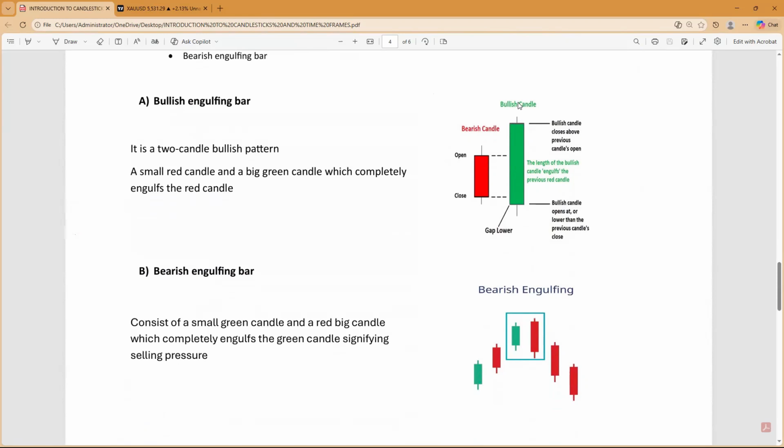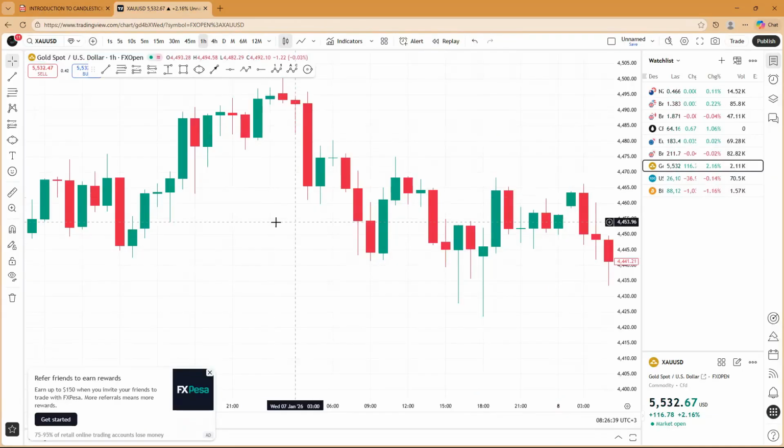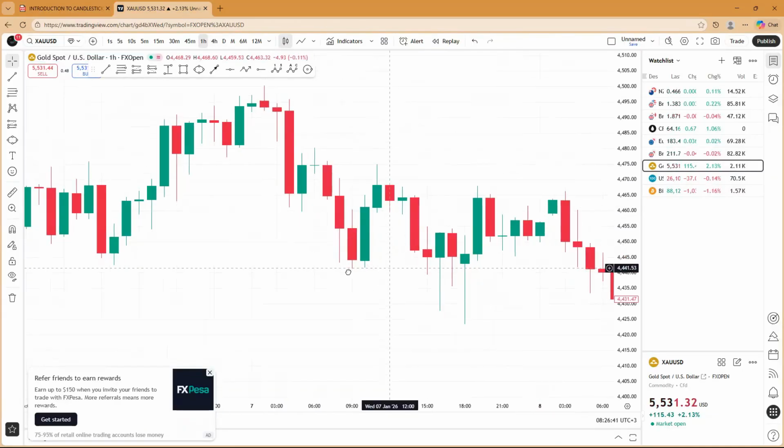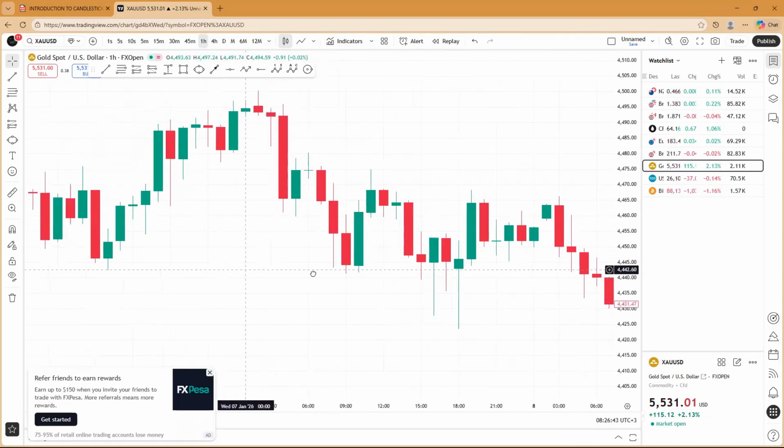A bearish engulfing candle is a small green candle which is being covered by a large red candle. Let me show you in the chart. So number one, let's start with the bullish engulfing candle.